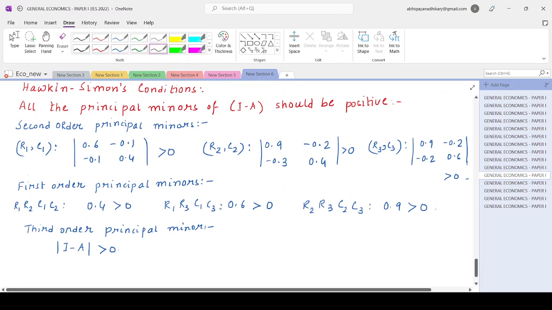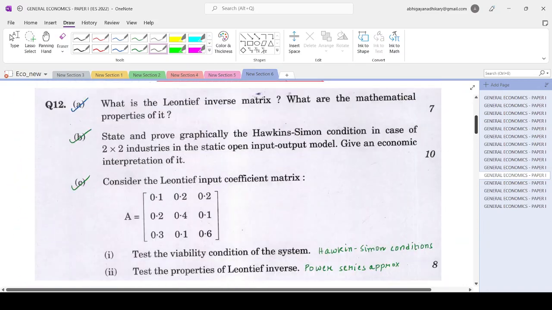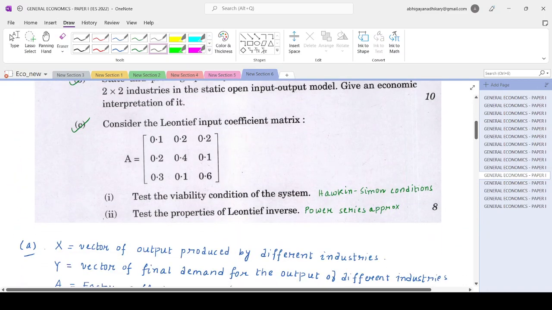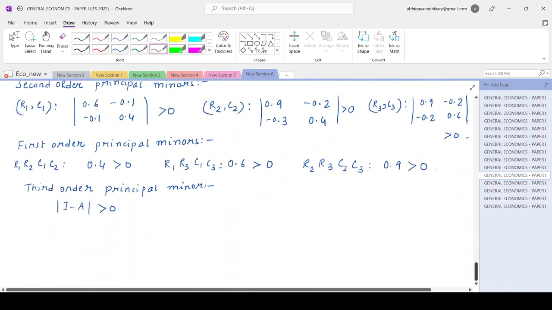And finally, after that, you check the properties they have asked about, that is, test the properties of the Leontief inverse. Since it's a 3 by 3 matrix, you can easily compute I minus A inverse in the standard way, and then compare it with I plus A plus A squared and so on.